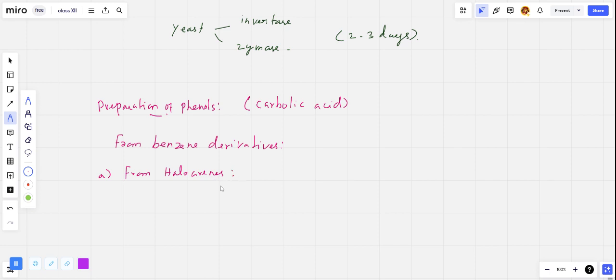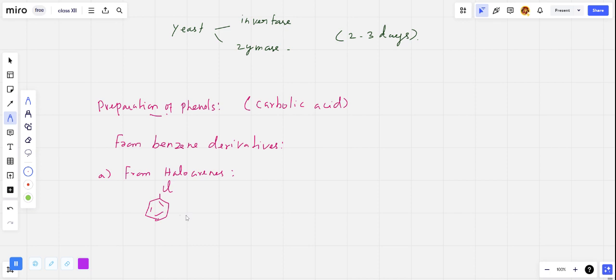Haloarenes, such as chlorobenzene, are fused with NaOH at 623 Kelvin and 300 atmospheric pressure. We learned this same reaction in the chemical properties in the last lesson.